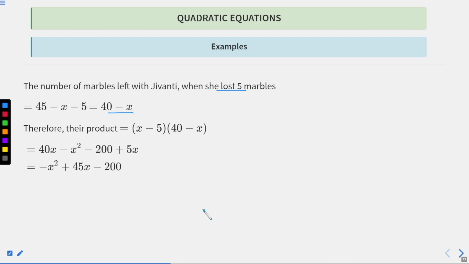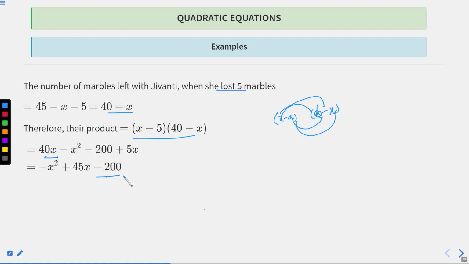Now if we multiply these two factors, term by term, we get 40x minus x square minus 200 plus 5x. Simplifying this expression, we get minus x square plus 45x minus 200.